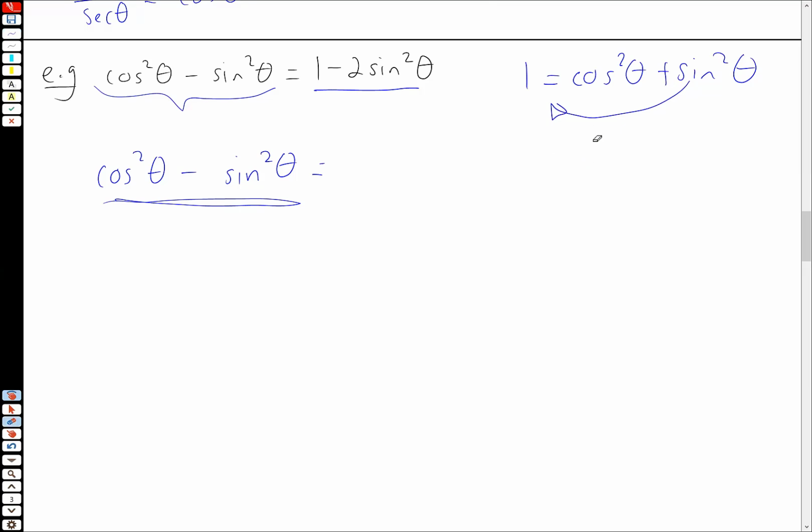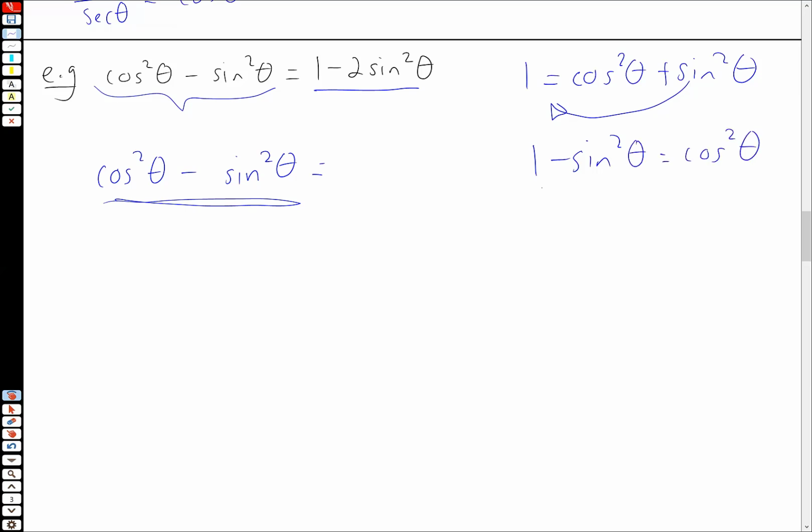I totally wrote down that identity wrong. So 1 is equal to cosine squared plus sine squared. And if we move the sine squared over to the left, we get 1 minus sine squared theta is equal to cosine squared theta.